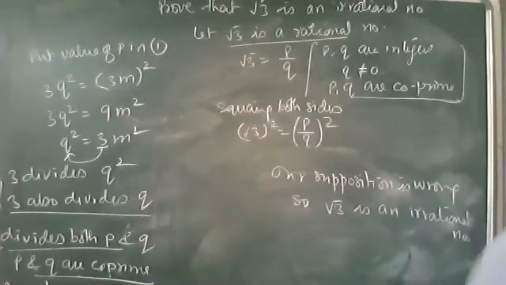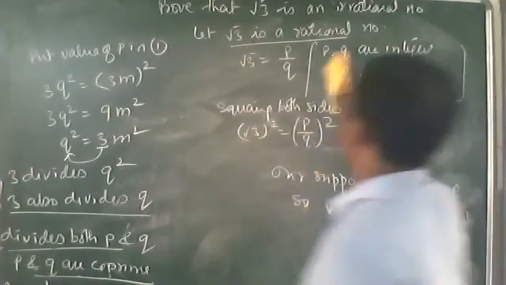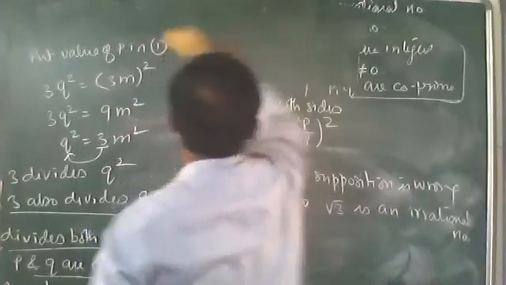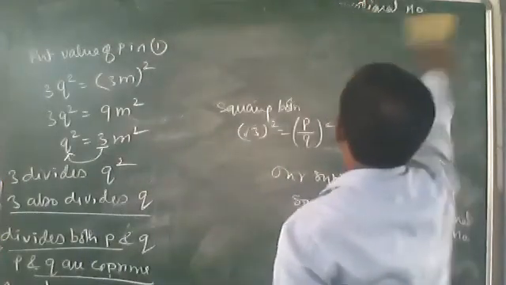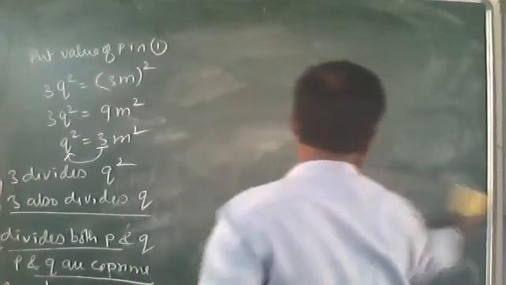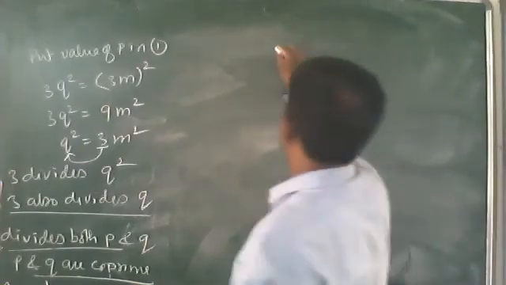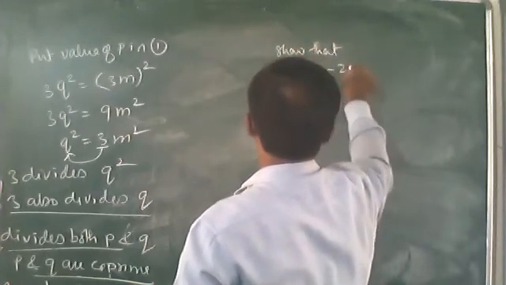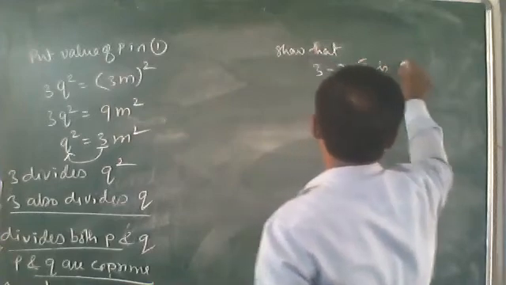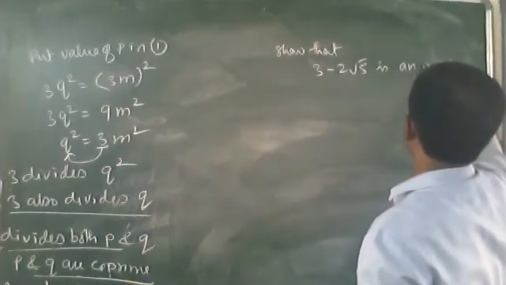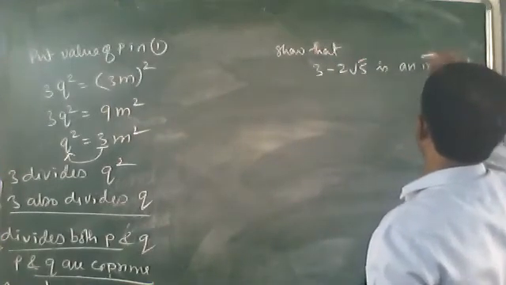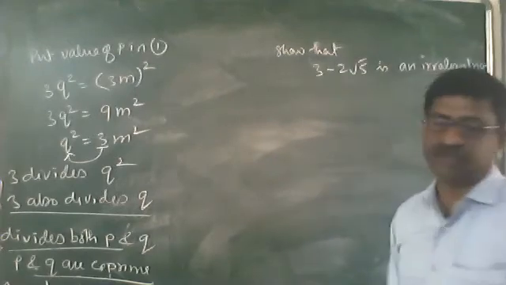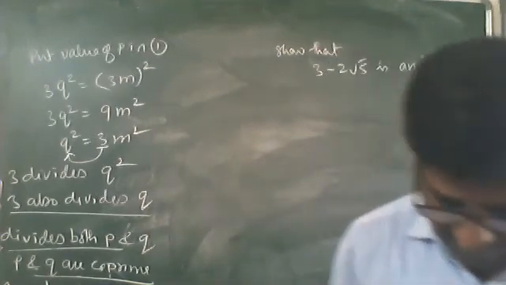Next type of question is: show that 3 minus 2 root 5 is irrational. The question is to prove 3 minus 2 root 5 is irrational.